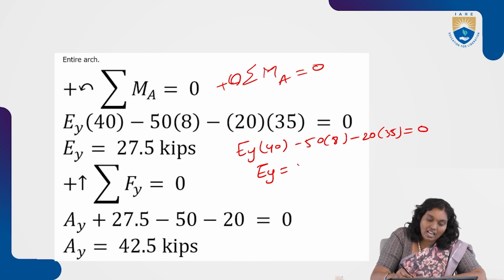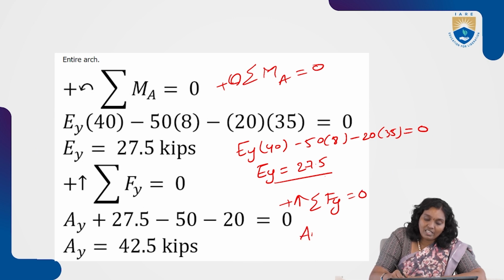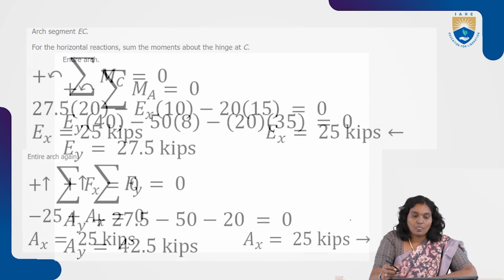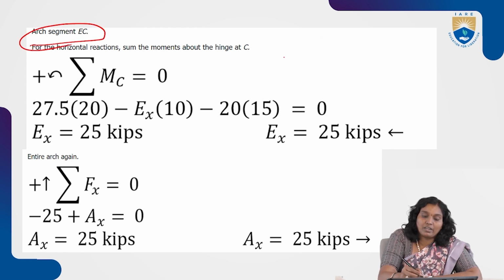So for the entire arch, we consider this particular condition, and also the sum of all the vertical forces is equal to 0. The upward direction is considered as positive. We'll get the Ay value and substitute. Then consider only arch segment EC.